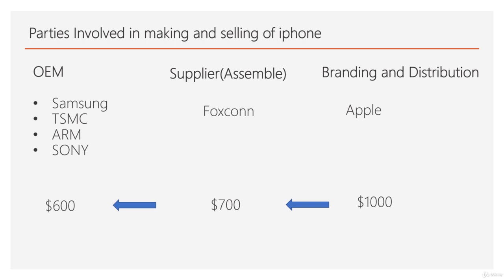Now, after looking at this, you'll realize that, okay, Foxconn is only earning $100 and Apple is earning $300, which means Apple is more successful and Foxconn is not a good company. Well, that's not true. So basically, Foxconn not only assembles iPhone for Apple, it also assembles a lot of smartphones for Xiaomi, Oppo, Vivo, OnePlus. So Foxconn has a lot of partners.